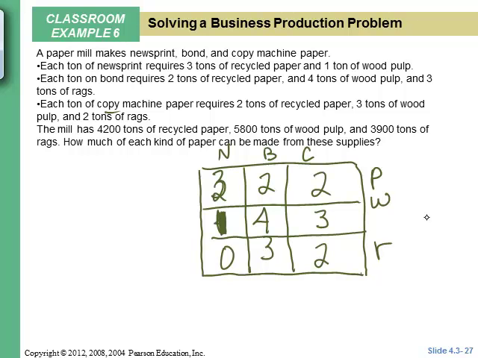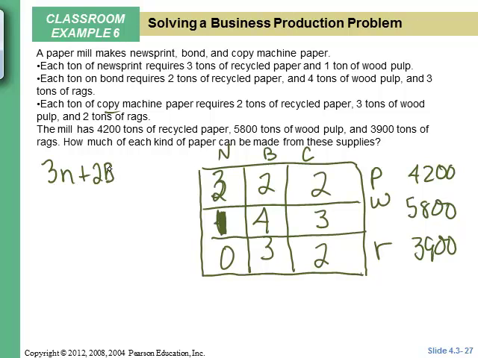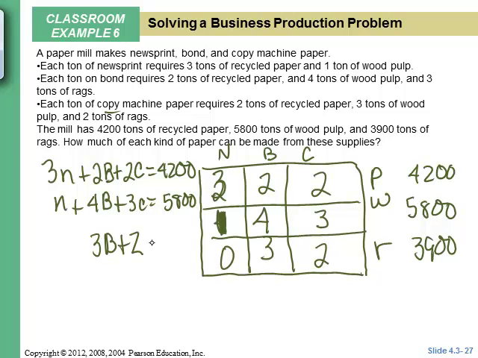We know that our totals are 4,200, 5,800, and 3,900 tons. Okay, so 3N plus 2B plus 2C is 4,200. N plus 4B plus 3C is 5,800. And 3B plus 2C is 3,900.